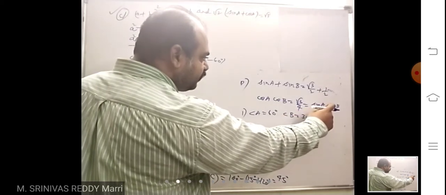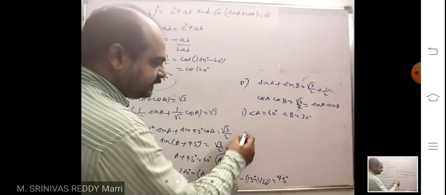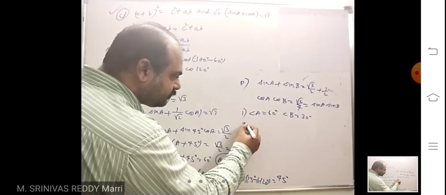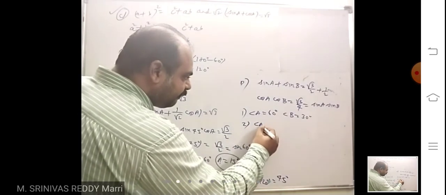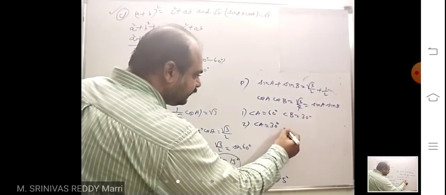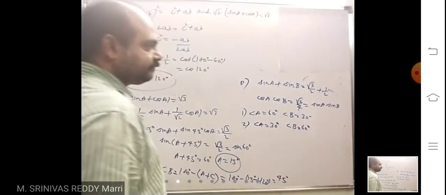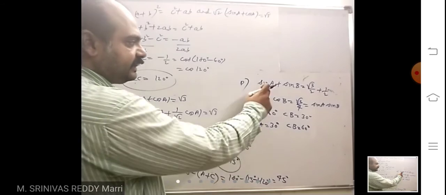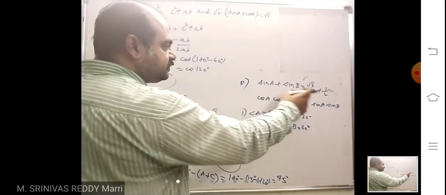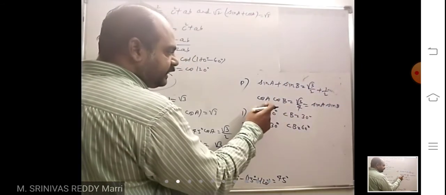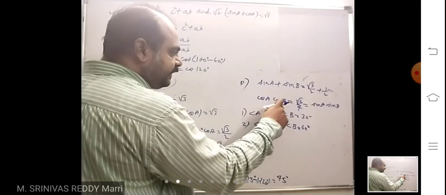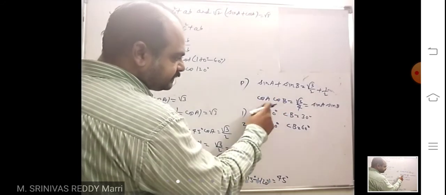Sin 60 degrees, √3 by 2 into 1 by 2. This is the first one. And second, you can write one more triangle also. Angle A equal to 30 degrees, this also will satisfy. Look here, this is 1 by 2 plus √3 by 2, same. So if you look here at 30 degrees, this is √3 by 2. Now this will not satisfy.